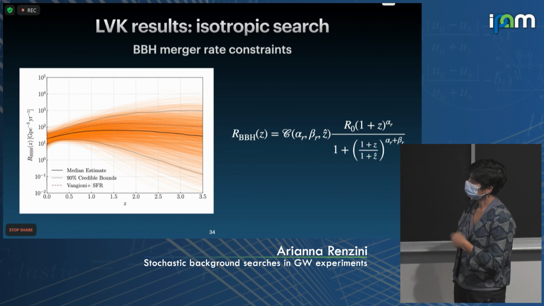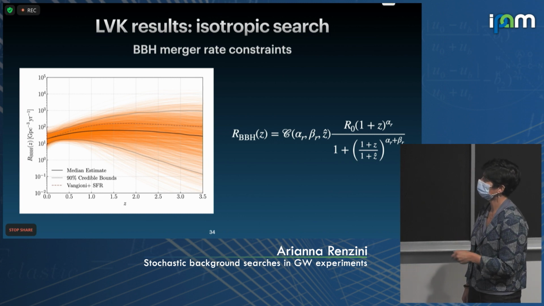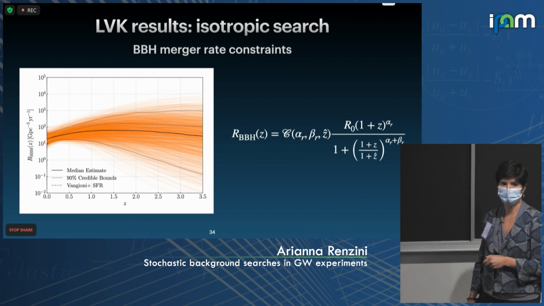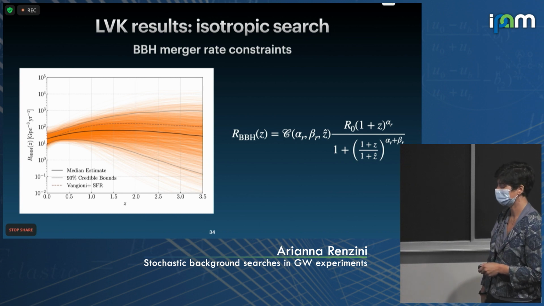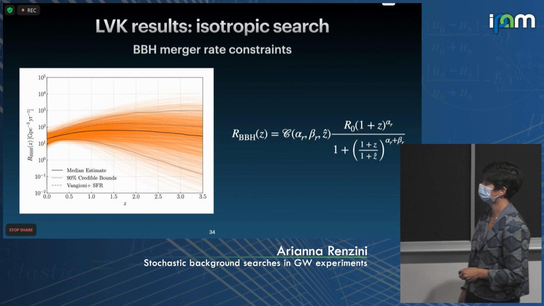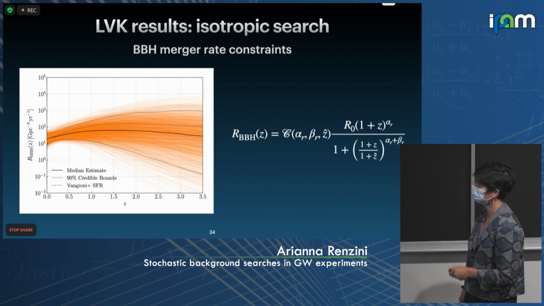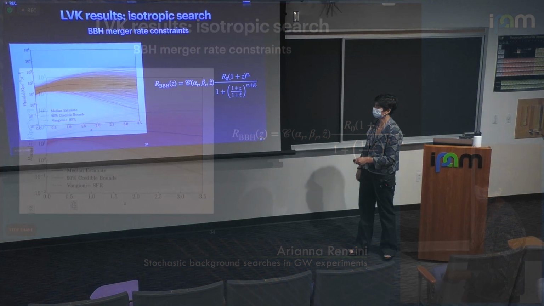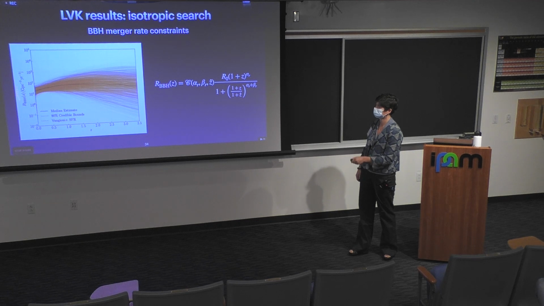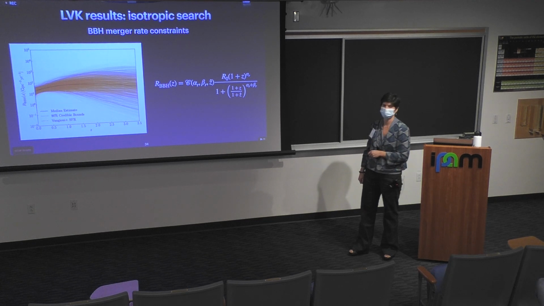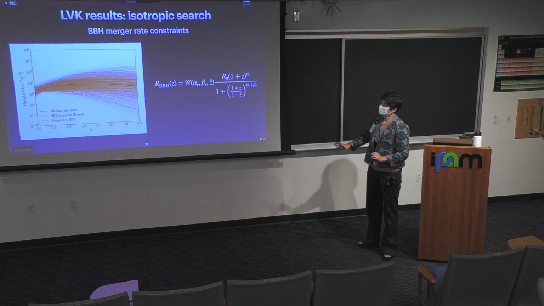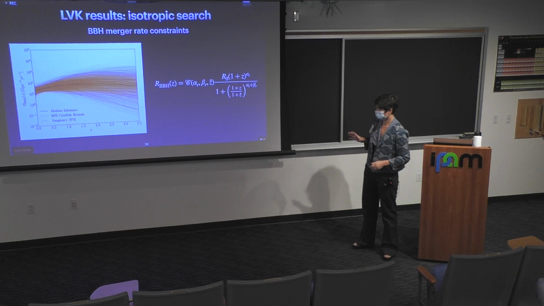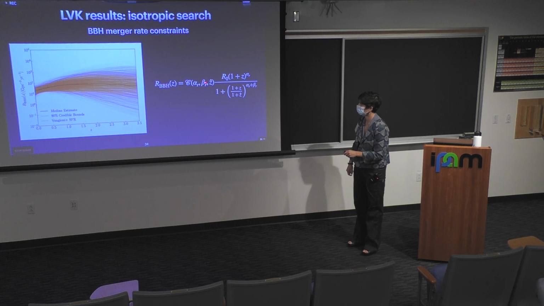And then we combine this with the binary black hole merger rate that we get from the direct detections of CBCs, and we get this beautiful plot, which is the merger rate. These are each posterior samples of the merger rate as a function of redshift. It's a lot to take in just a second, so maybe I'll break it down for a minute.